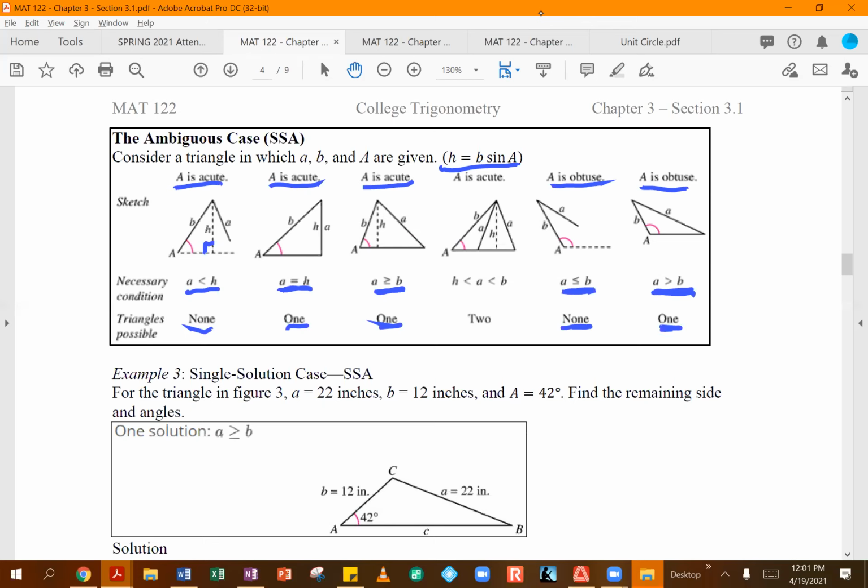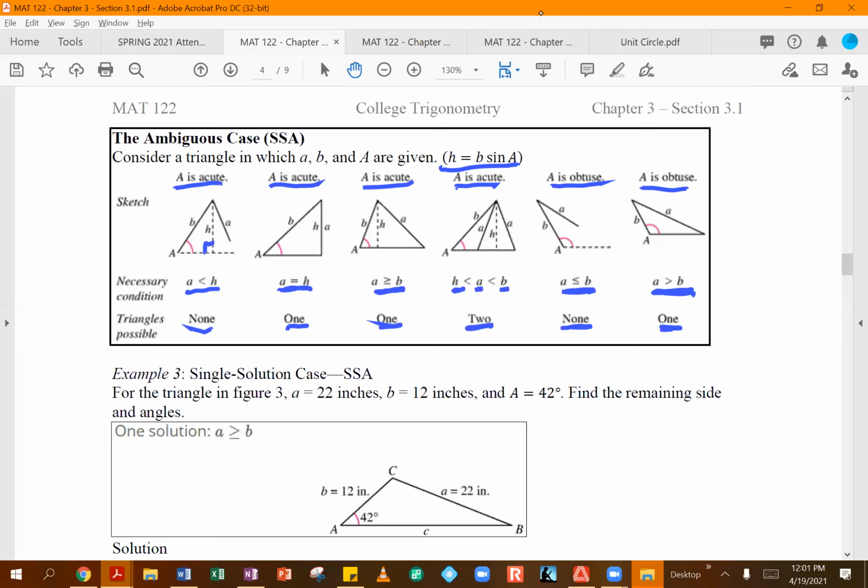The only time you will possibly get two different triangles is when A is an acute angle, side a has to be greater than h, and b has to be greater than a. So h would be the smallest side, then greater than that would be side a, greater than that would be side b, and that's when we come up with two different triangles.